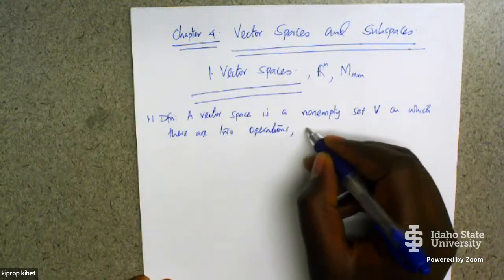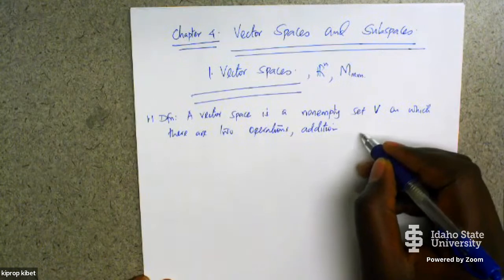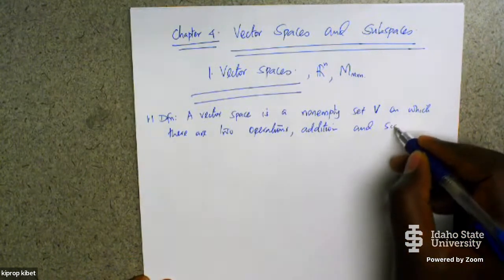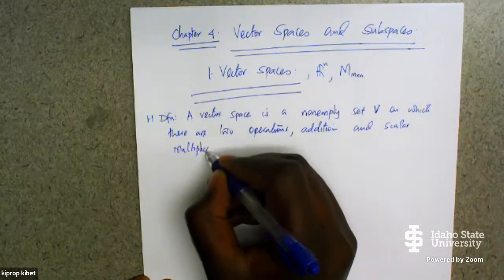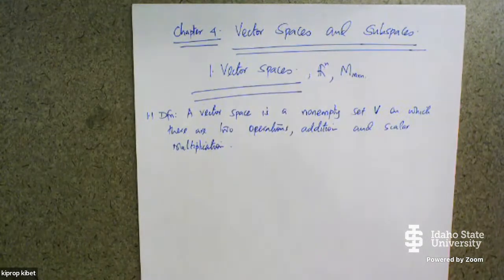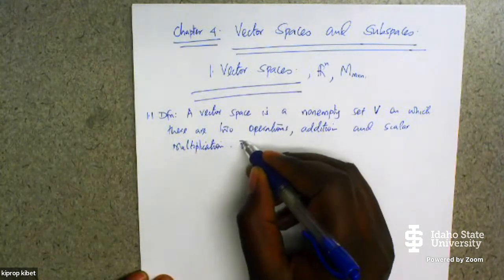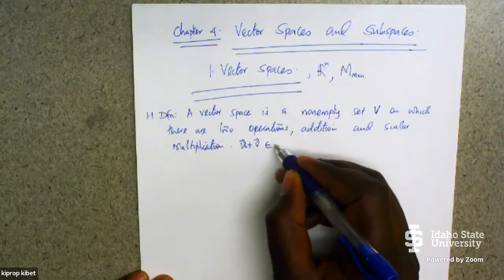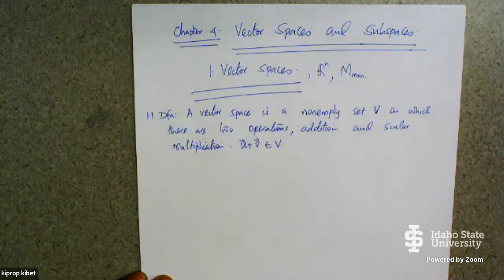And these operations are addition and scalar multiplication. For the addition, we can have 2 vectors, let's say u plus v, and this u plus v is an element of the whole vector space.